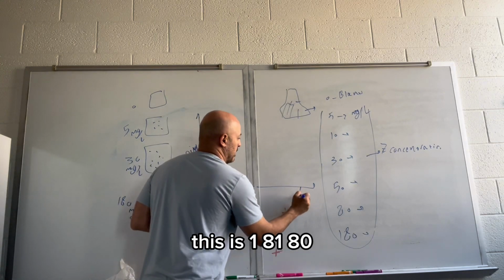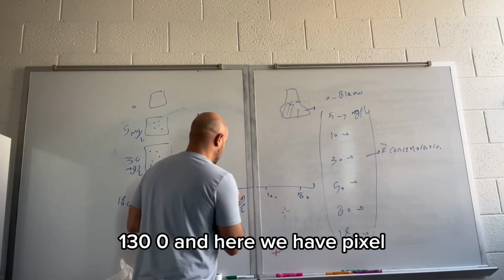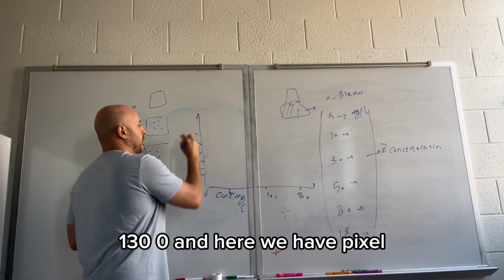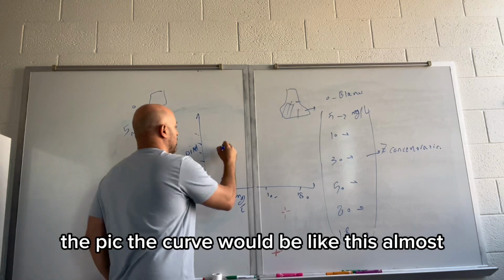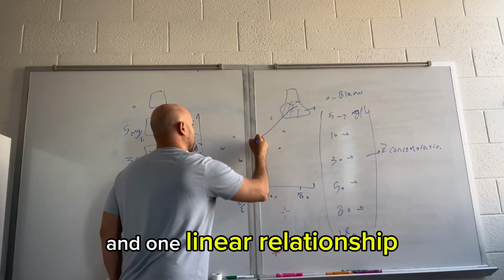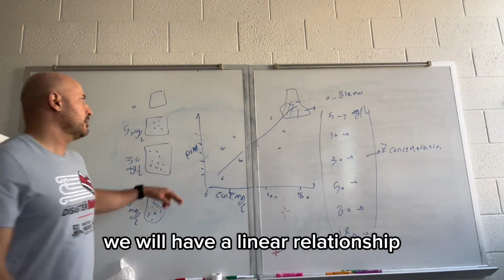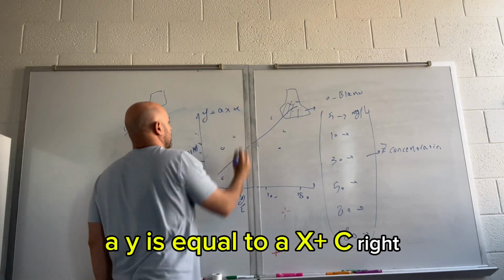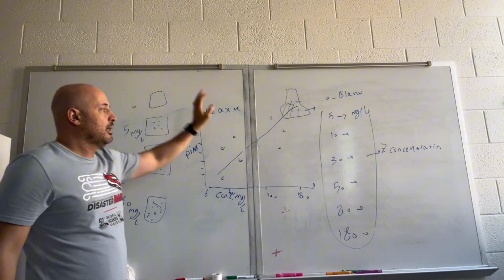This is 180, 130, 0, and here we have pixel. So if we make a calibration curve, the curve would be almost like this, a linear relationship, like y equals ax plus c, right? So we want to implement this one.